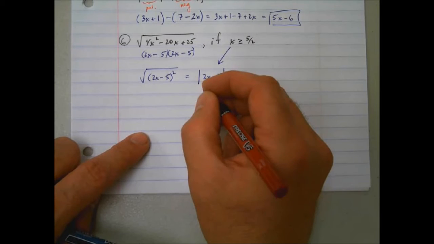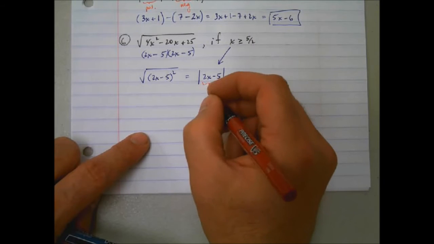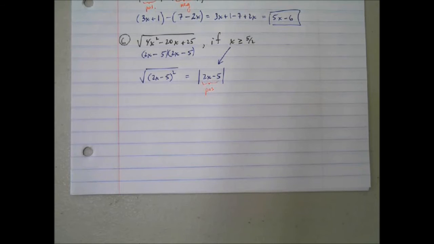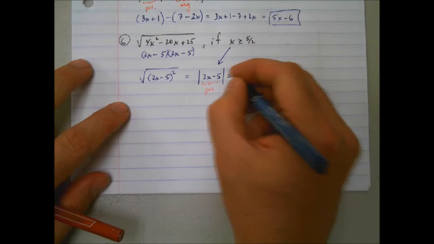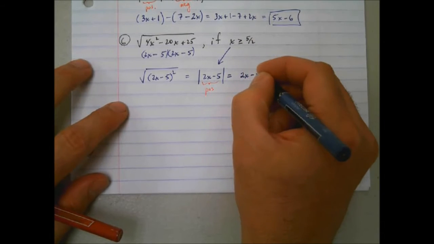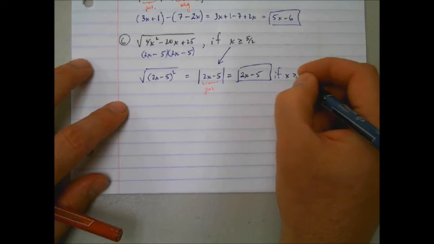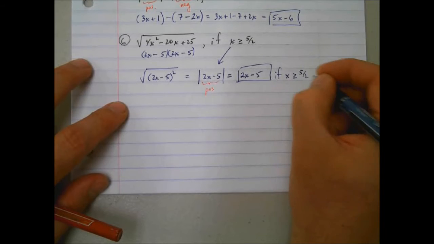We know that the inside is positive, or at worst 0, and 0 goes with the positive rule, so we get to just drop the absolute value bars. So 2x minus 5 if x is greater than or equal to 5/2.